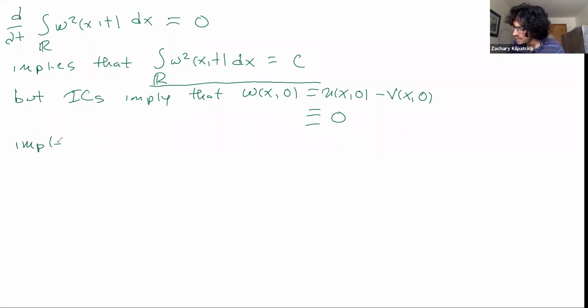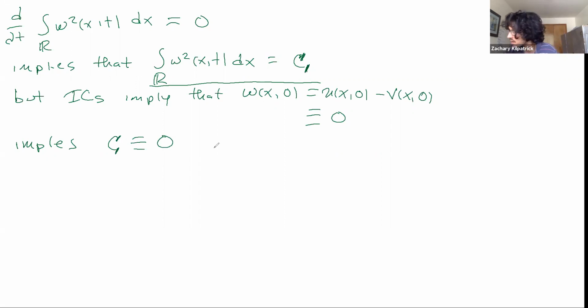So this implies then that capital C, that's probably not the best constant value to use, I'm going to put these little capital marks on it, that C is equivalent to 0. Okay.